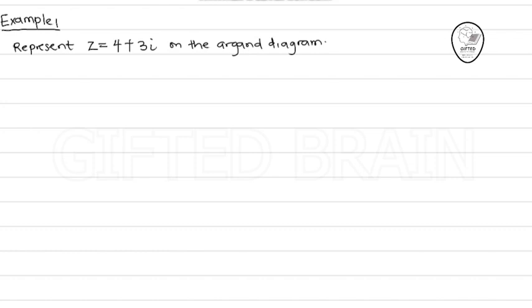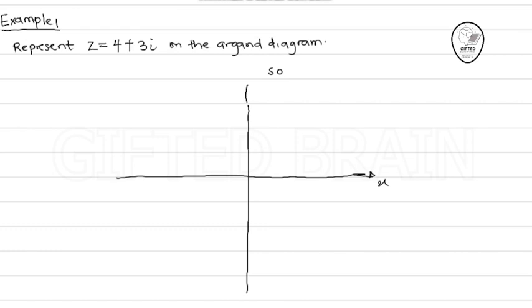The question says, represent z, which is equal to 4 plus 3i on the Argand diagram. Well, this is quite easy. All we need is to draw our graph, our x and y. And then you can see, as you look at this question, 4 plus 3i. 4 on the horizontal.